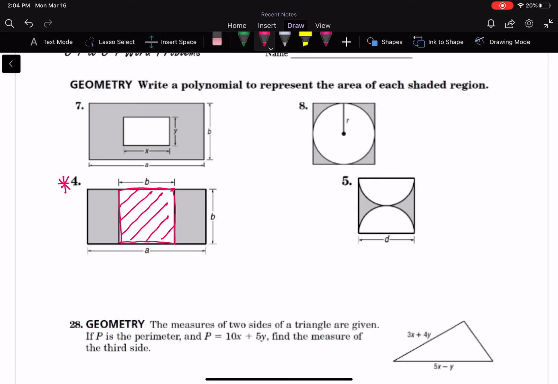And if I want to find the shaded area, remember that you have to write what you're going to do before you do it. So shaded area is equal to area of rectangle minus area of square.